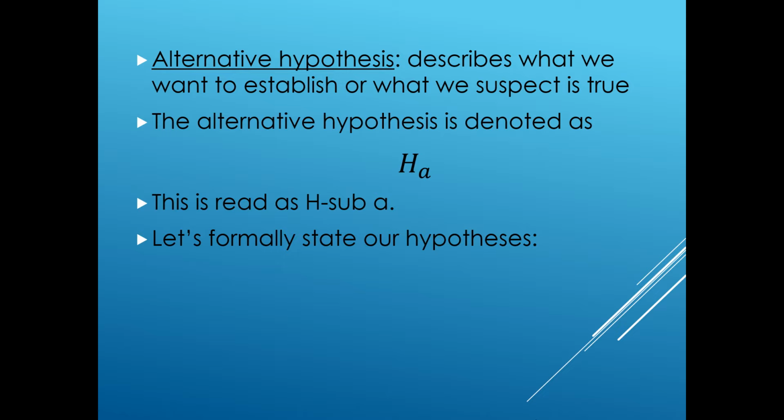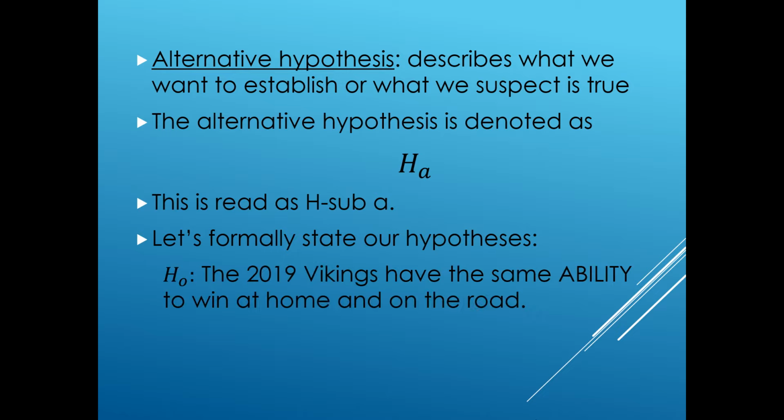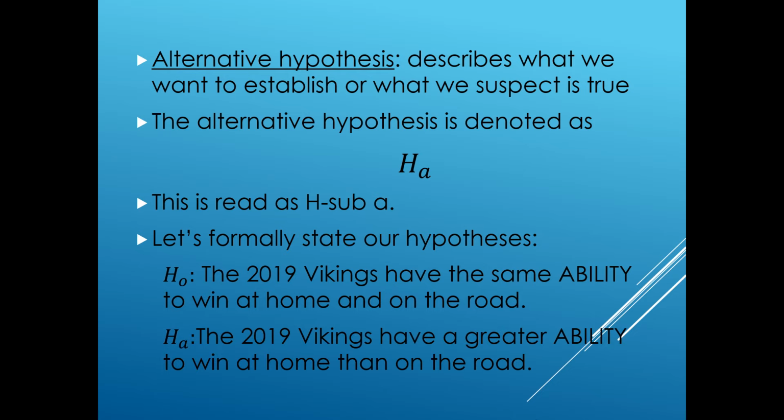So let's formally state the hypotheses that we talked about earlier in our claims. For our null hypothesis, we're going to say that the 2019 Vikings have the same ability to win at home and on the road. Whereas our alternative hypothesis, the thing that we think and hope that we'll be able to show is true, is that the 2019 Vikings have a greater ability to win at home than on the road.